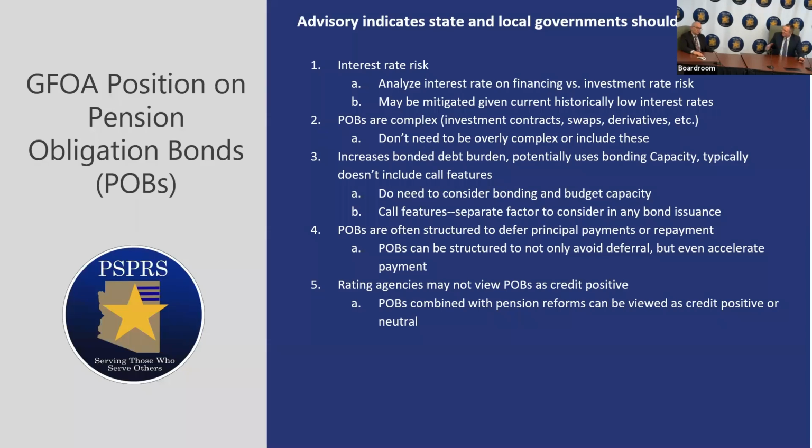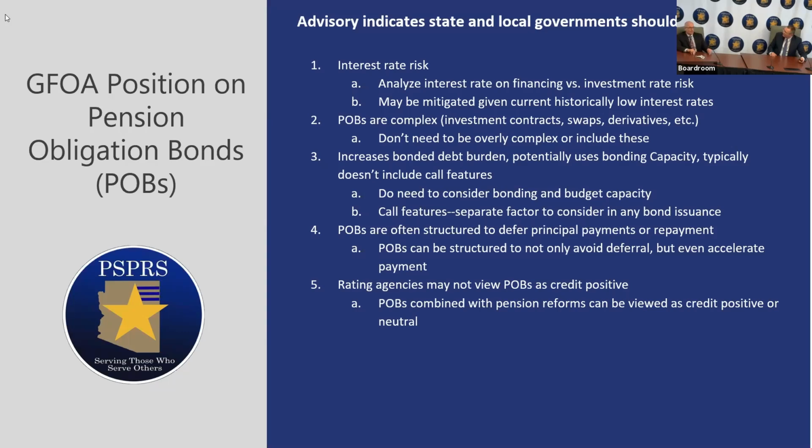But probably, Mike, given the current low interest rates, does that help mitigate some of that risk somewhat? It does, because you have a much larger spread. The interest rates are extremely low right now. But again, every community needs to look at this for themselves, find out what they're willing to do, what makes sense for them. And really, there's nothing magical about pension obligations, right?